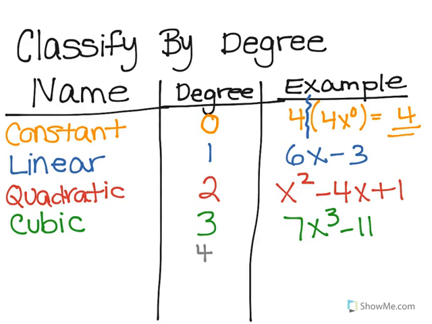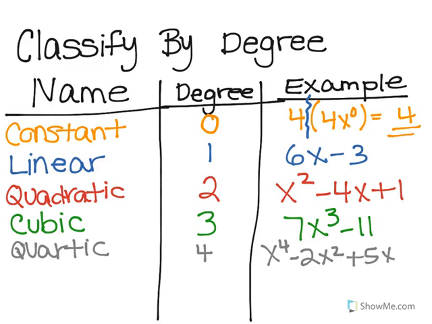Moving along to 4, we would say quartic. Think of 4 quarters, quartic. Okay, so then you could say x to the 4th minus 2x squared plus 5x minus 7. Okay, now these two, this quartic and this next one is called quintic. So think of quintuplets to help you think of quintic versus quartic.